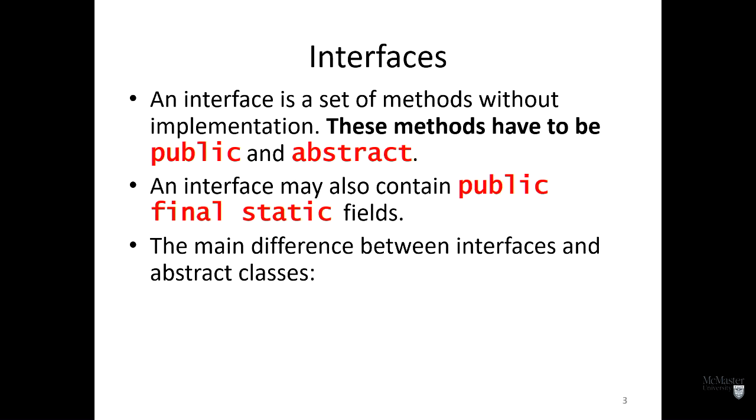Remember, like 10 minutes ago, we said an abstract class is abstract if you have at least one abstract method, but you can have all other methods as concrete ones. You can still have some implementation in the abstract class. In an interface, it's not the case. All methods have to be abstract, right? You cannot create any concrete method in an interface, right?